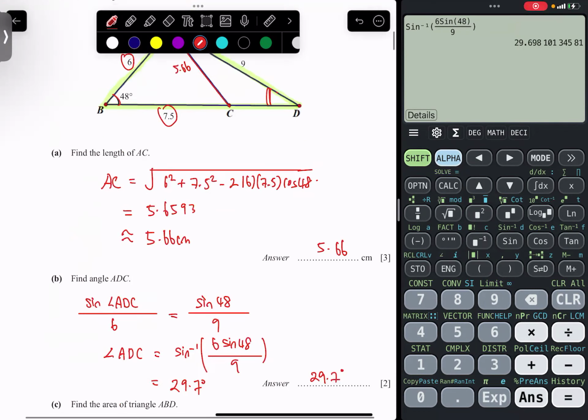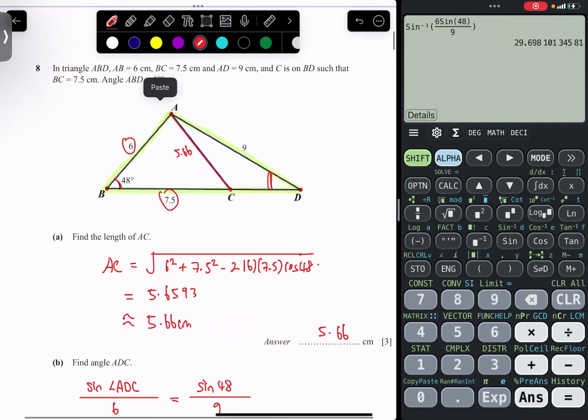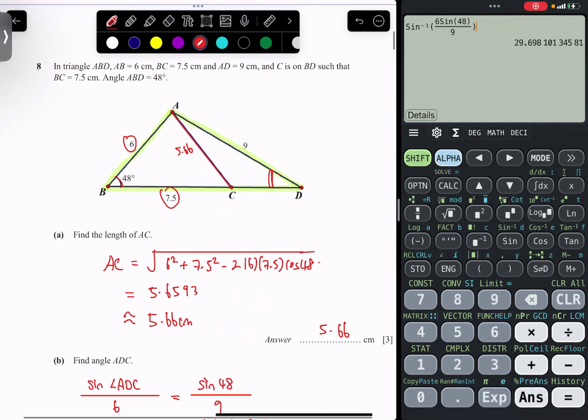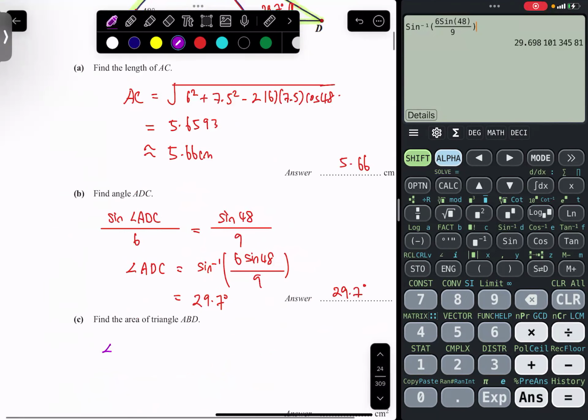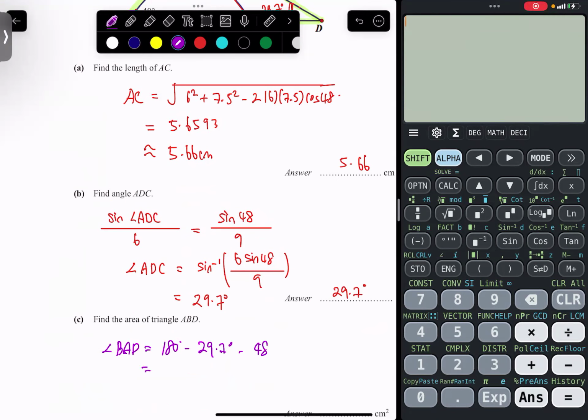Find the area of triangle ABD, which is the full triangle. Now that we know this angle is 29.7, we can work out the purple angle, angle BAD. Angle BAD would just equal 180 minus 29.7 minus 48, which is 102.3 degrees.